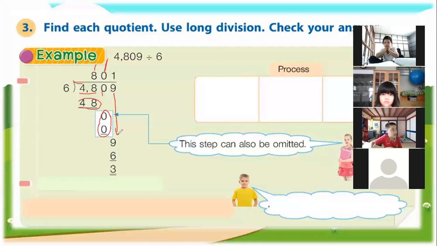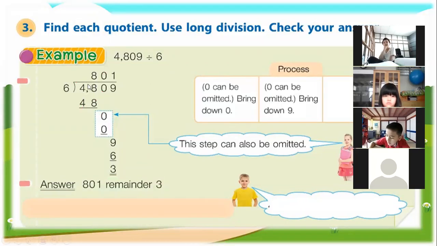At the 1 place we have 9. So 9 will come down here. Now 6 multiplied by 1 is equal to 6. Now 9 minus 6 is equal to 3. As we can see here, 3, the dividend, is lesser than the divisor. So what we have here is the remainder. The quotient we have here is 801, and the remainder is 3. So this 3 cannot be divided. It will remain.